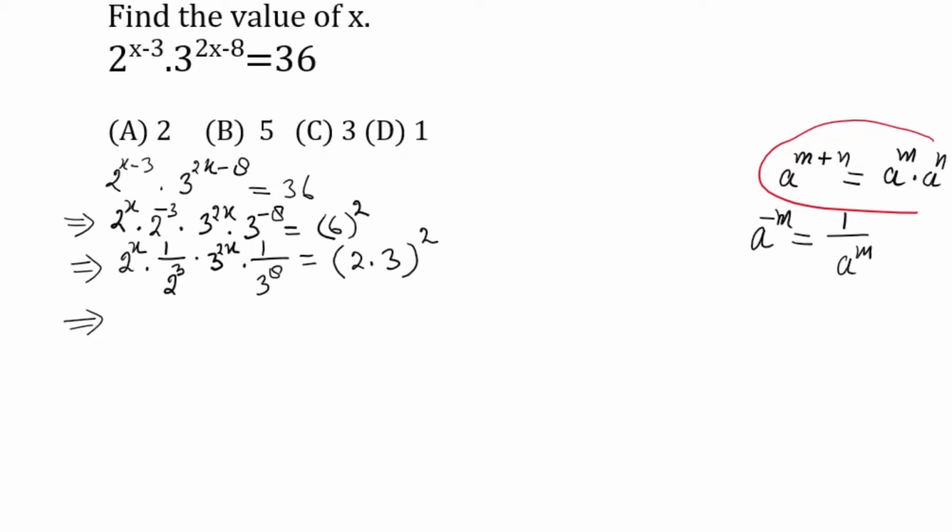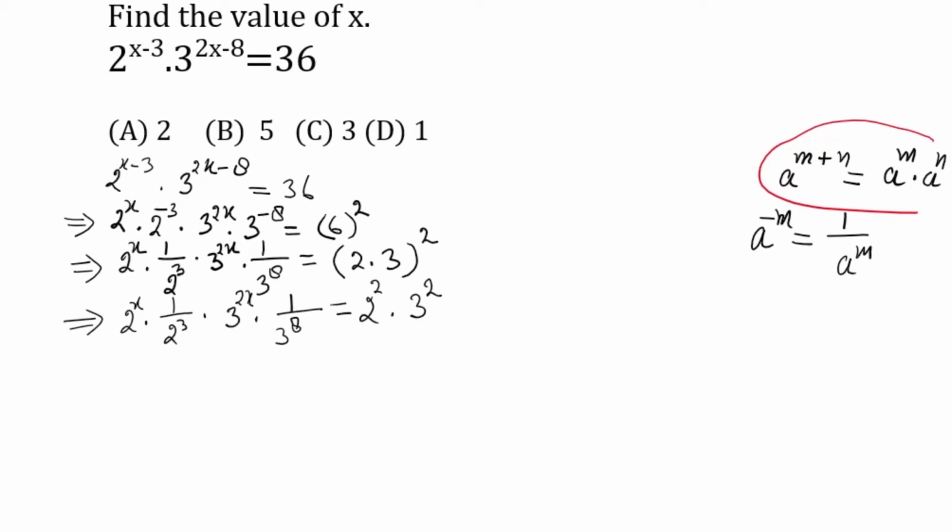Here 2 to the power x into 1 upon 2 to the power of 3 into 3 to the power of 2x into 1 upon 3 to the power of 8 is equal to 2 to the power of 2 into 3 to the power of 2.